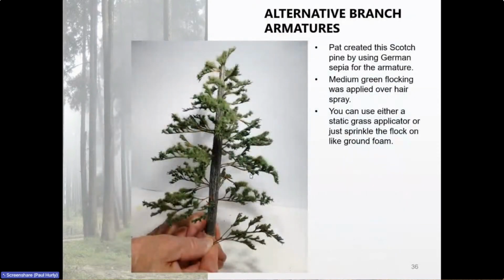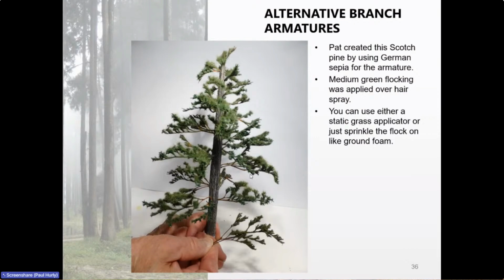Yeah, I always wanted to create a different type of tree, not just the cedars. So I thought I'd try and do a Scotch pine tree, and I didn't know what I would use, but I did find that there was another product similar to the armatures that we used before, the Caspia, and it's called German Sepia.